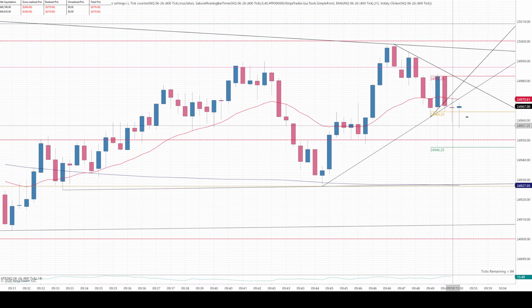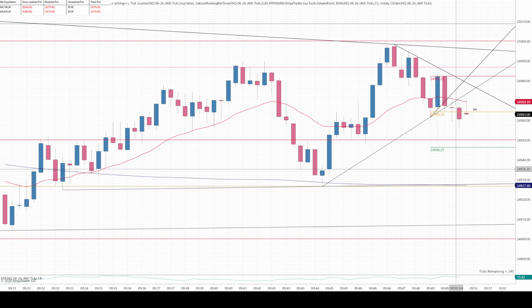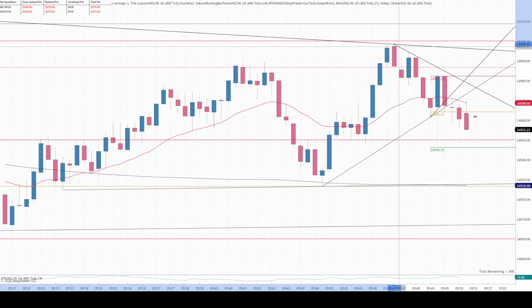It doesn't quite follow my rules, so we're gonna skip this trade. The other two trades did follow my rules. Just unfortunate that it didn't work. Yeah. We did say that price action this morning was going to be a little tricky, so.